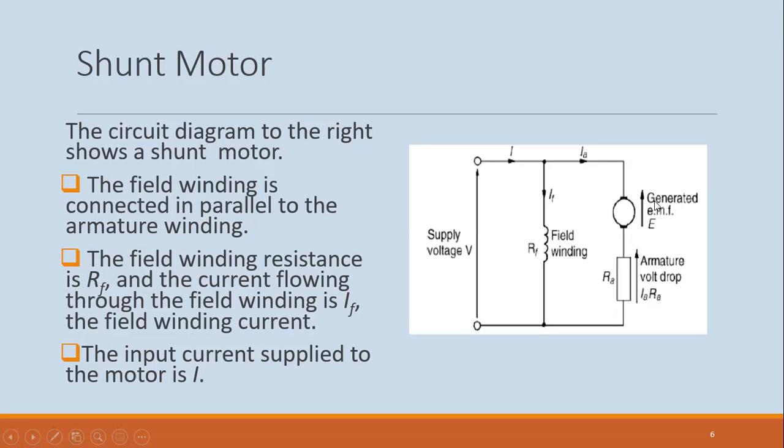In the motor, although it's a generated EMF, it's called the back EMF or the counter EMF, because it tends to want to send a current this way, which would be opposing the current that is coming from the supply. So hence counter or back EMF.